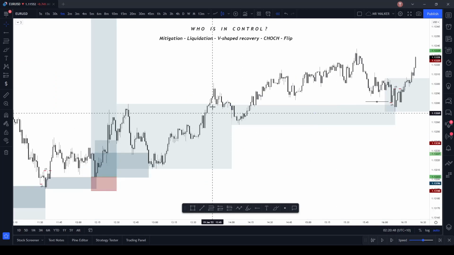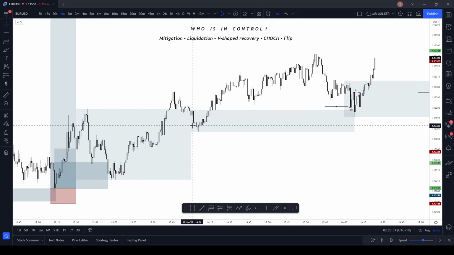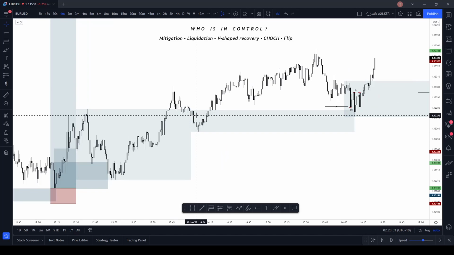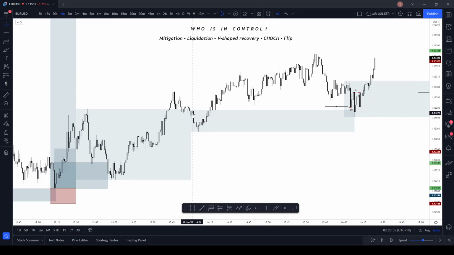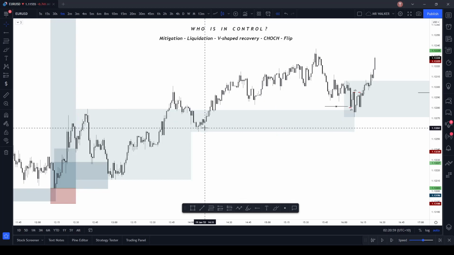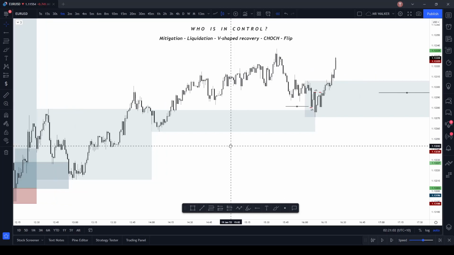So we have these ranges, right? This is our another, I was about to say 5 minute demand, but I'm not sure. So let's say that it was a 5 minute supply zone that we need to receive a reaction from. By reaction, I mean 1 minute change of character plus flip.